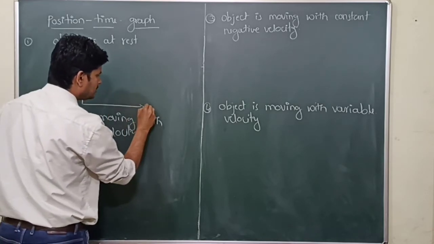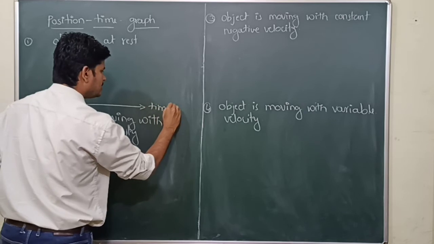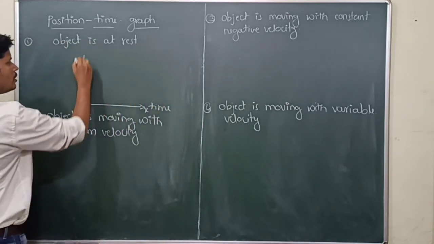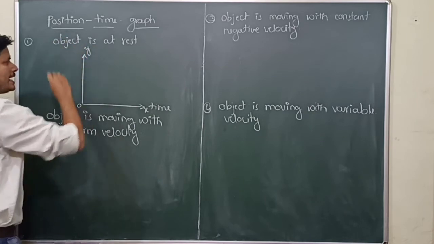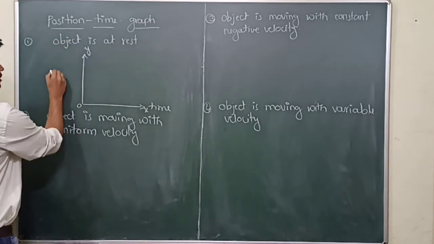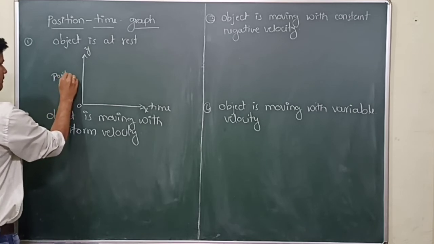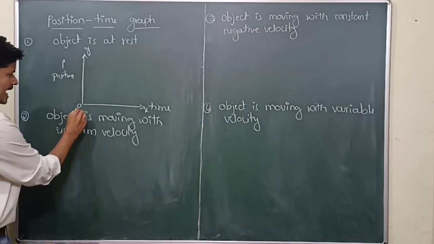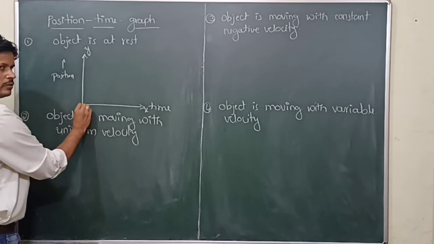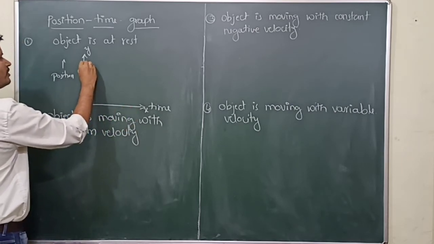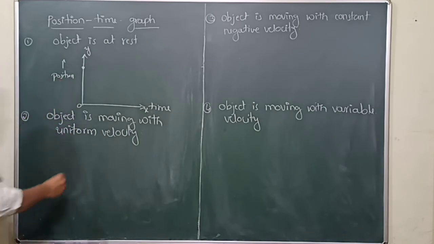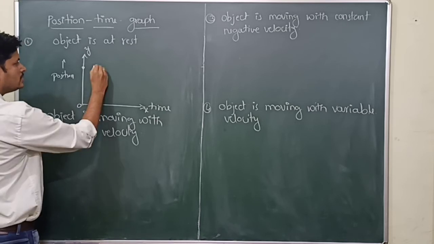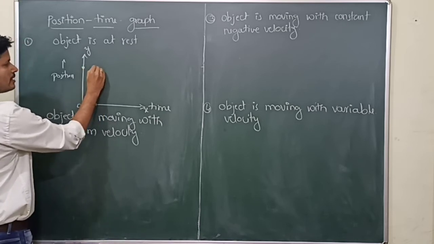As I said, along the x-axis I am choosing the time. This is the x-axis, this is the origin and this is the y coordinate. Along the y coordinate we are choosing the position. If I consider that at time t equals 0 the object is somewhere here, after 1 second the object remains here only.